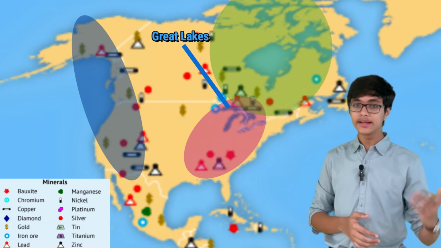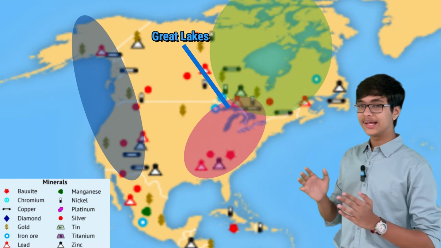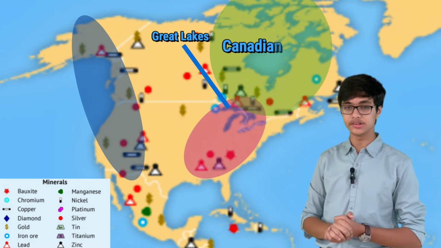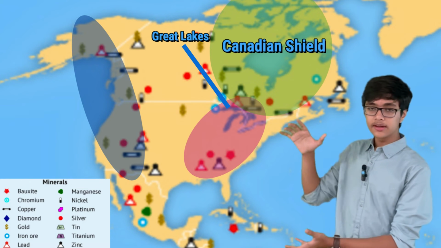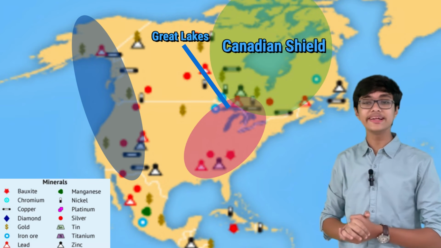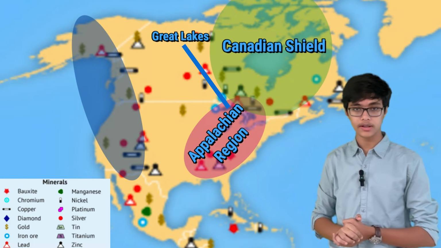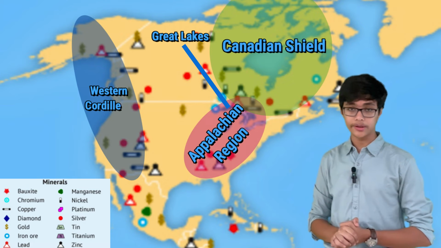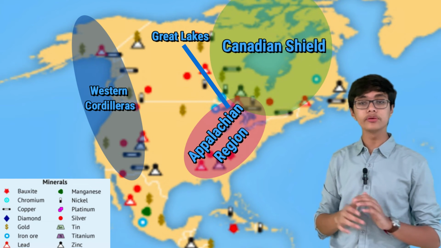You'll study about that in later chapters as well. So, the part which is to the north of these Great Lakes is called the Canadian Shield region. To the south of that, in most parts of the United States, you'll find a region called the Appalachian region. And finally, towards the west, you'll find the Western Cordilleras, which are basically mountain regions.